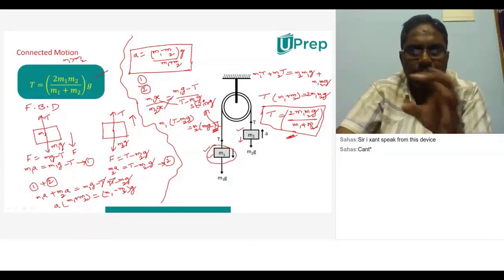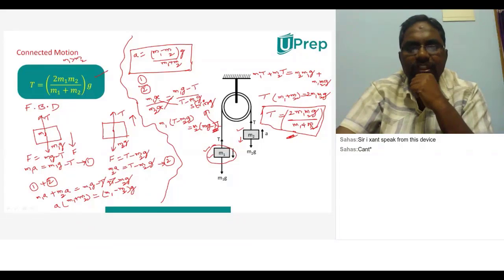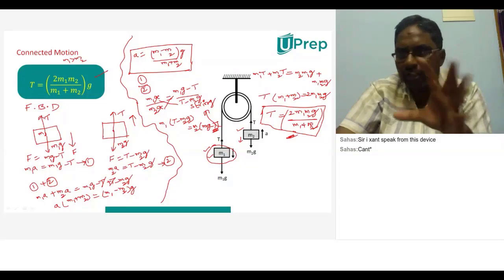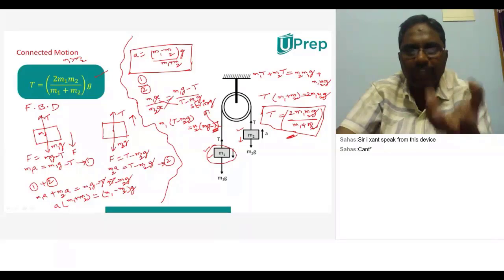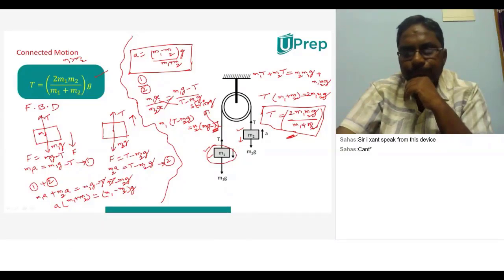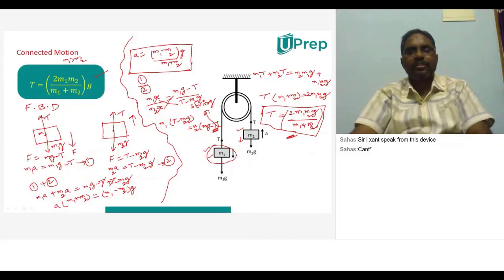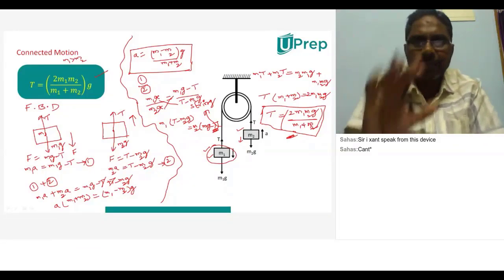Is it clear, Arnav, how we solved it? Yes, sir. If anything is not understood, you ask me. After this, you are going to solve related problems on connected bodies like this. If at any place any problem is there, ask me.